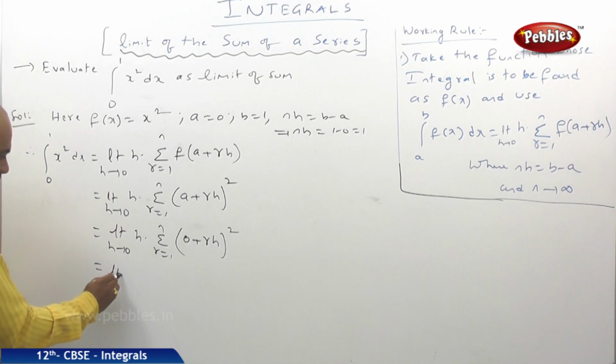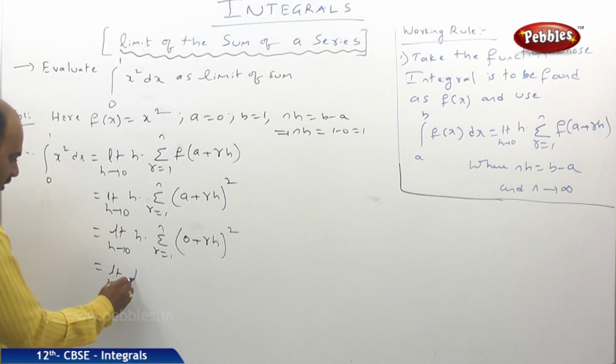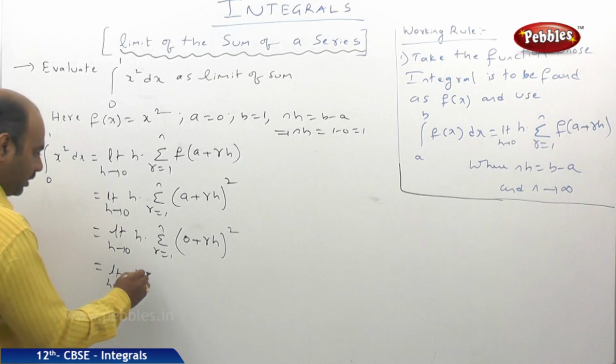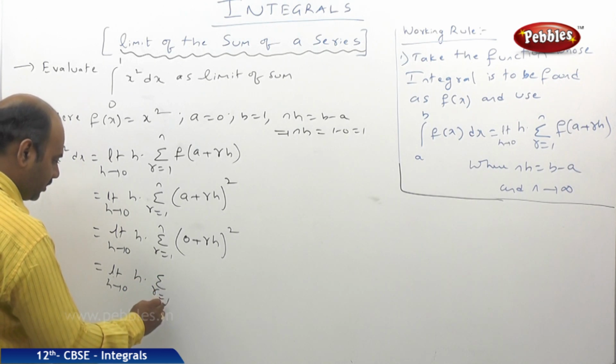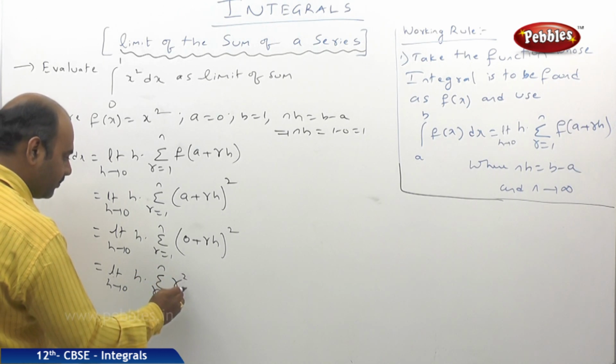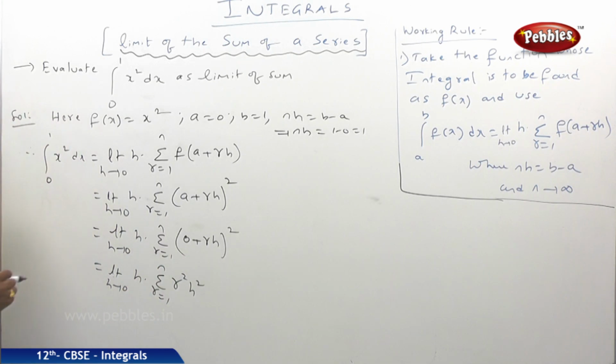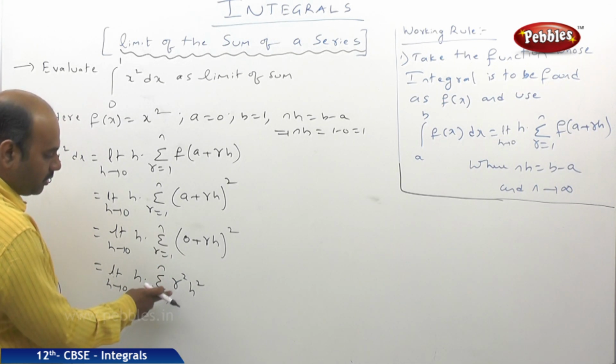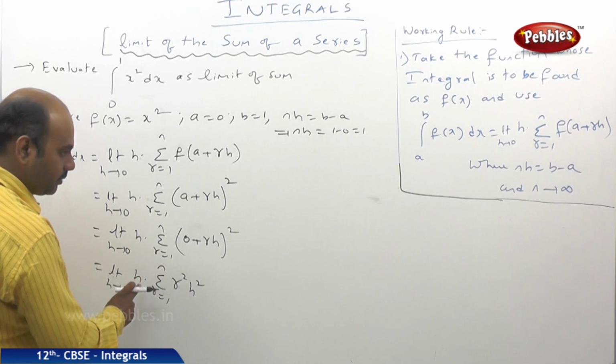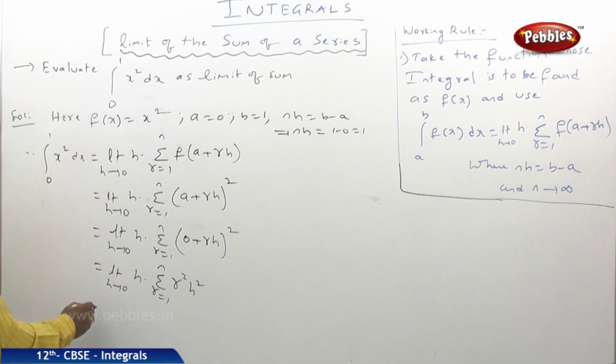So what happens, limit h tends to 0 h into summation r is equal to 1 to n r square h square we are getting. As we are doing summation with respect to r, h square comes outside and there remains h cube.